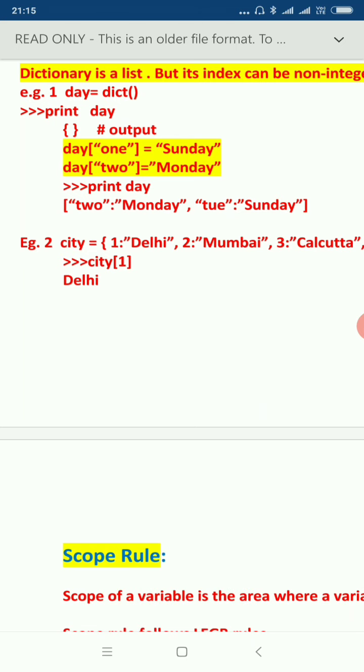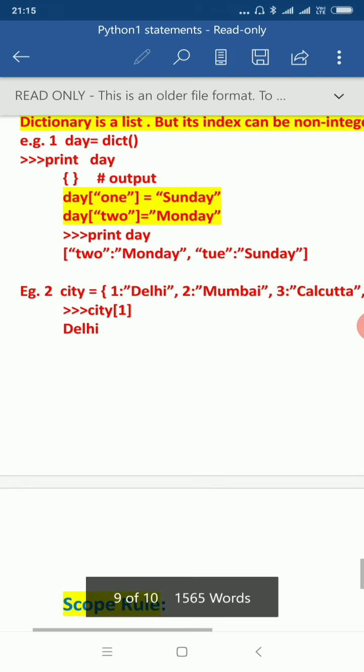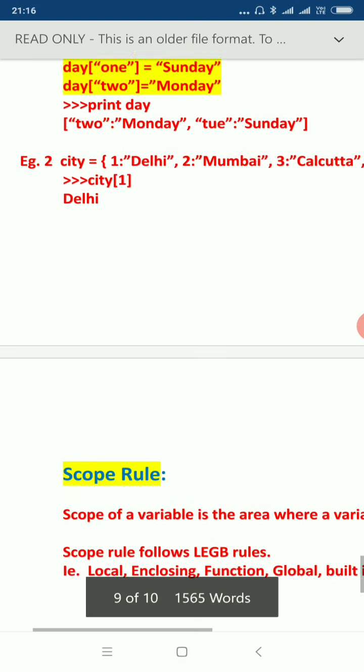Then you transfer some values in the dictionary, day 1 equal to Sunday, day 2 equal to Monday, and when you display using the command print day, the values are displayed as shown there, TUE Monday, MON Sunday. TUE and MON are the indexes, and Monday and Sunday are the values.